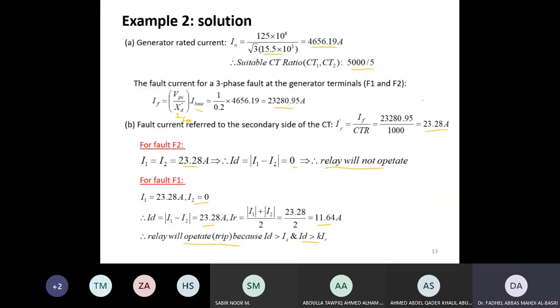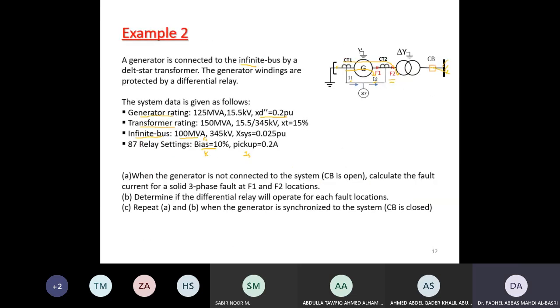Now, I also have a fault coming from the systems feeding F1 or F2. Okay, this is I fault, but it comes from the system side. This fault is coming from the generator side, a fault from the generator side feeding this fault.